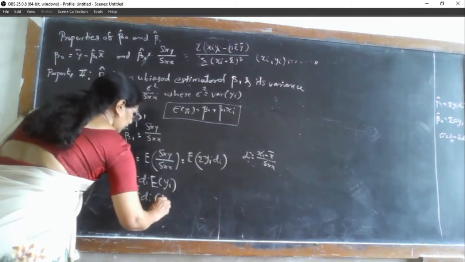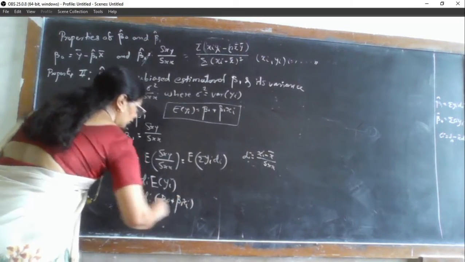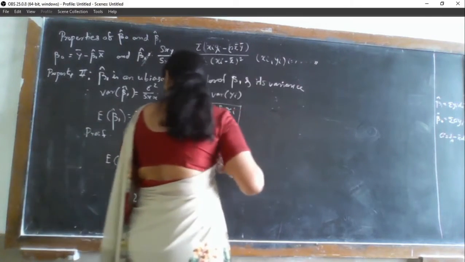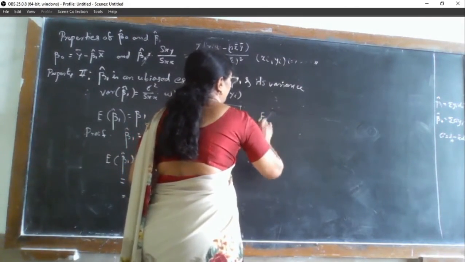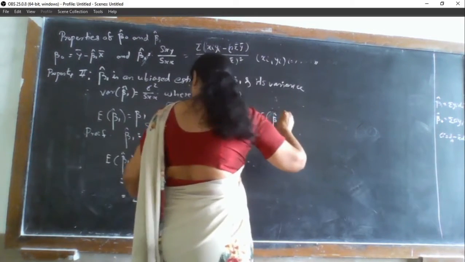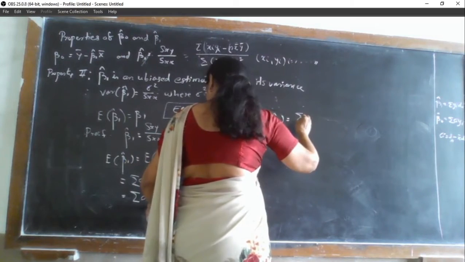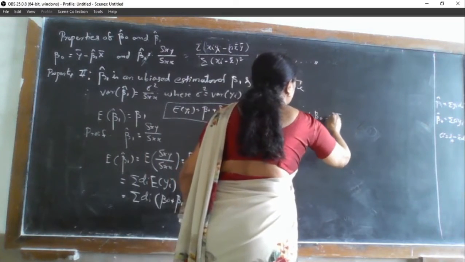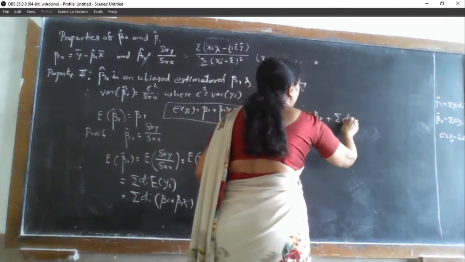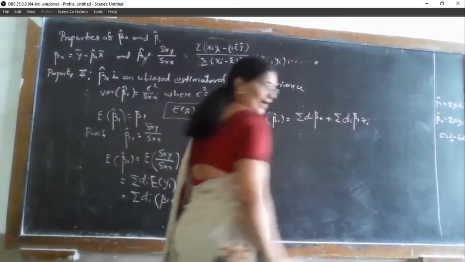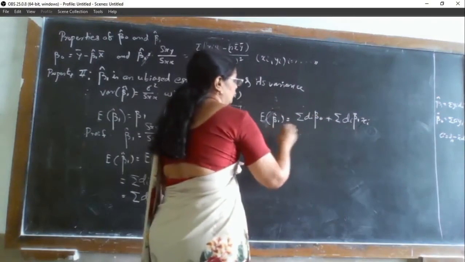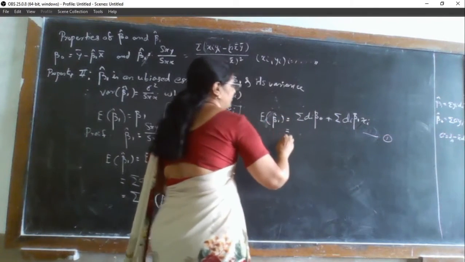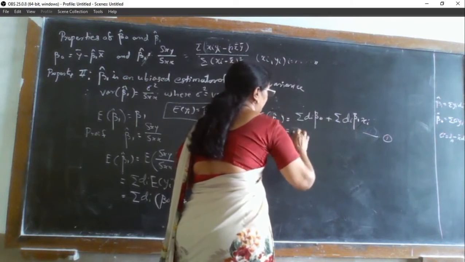So I'll write it as beta naught plus beta 1 into xi. So this quantity is same as: expected value of beta 1 cap is equal to summation of di into beta naught plus summation of di into beta 1 into xi. Okay. Now, suppose this is your equation number 1. Now, this you can write as, see, beta naught and beta 1 are constants.